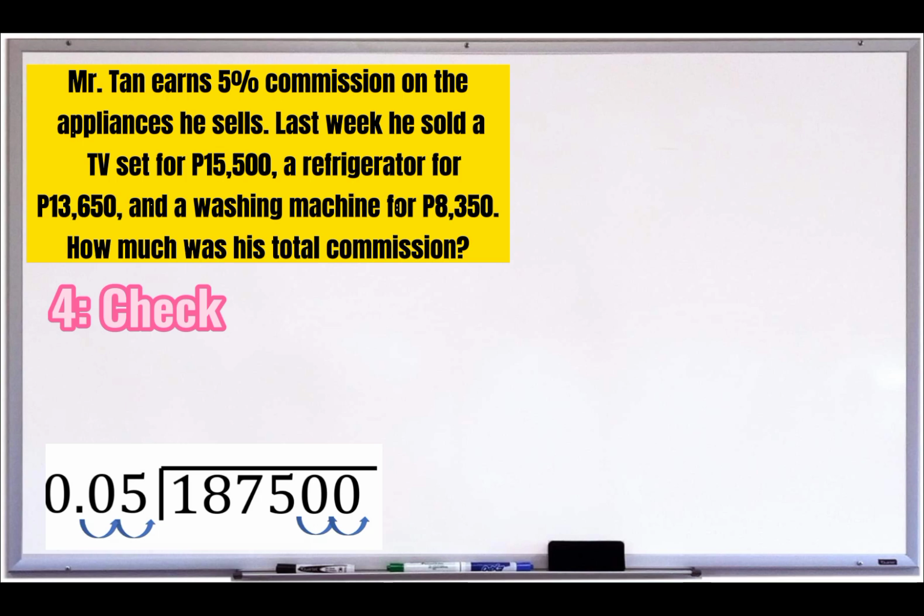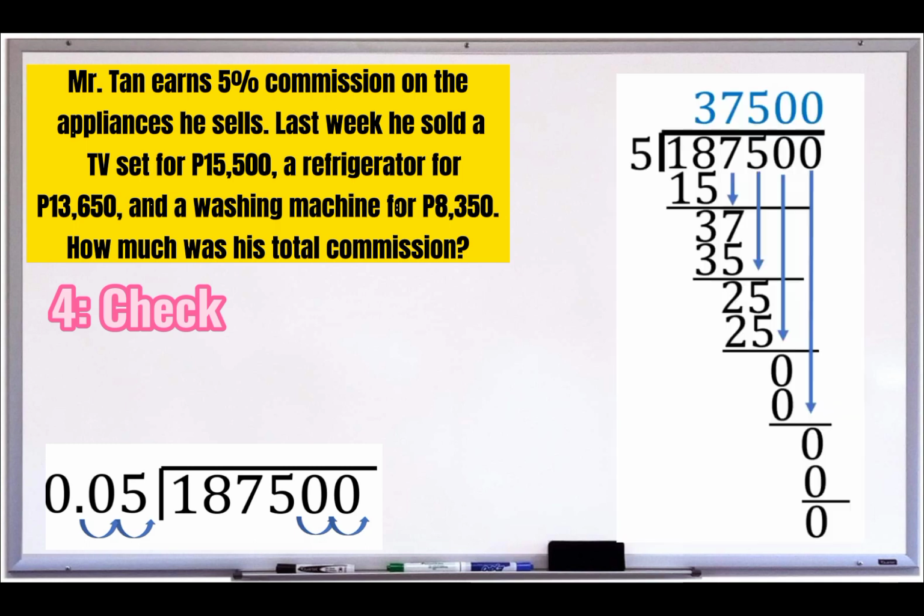Kung ano po ang ginawa natin sa ating divisor, ganun din po ang gagawin natin doon sa ating dividend. Mag-move din tayo ng 2 place to the right. So, it will become 187,500 divided by 5. So, what is the answer? The answer is 37,500. So, our answer is correct.